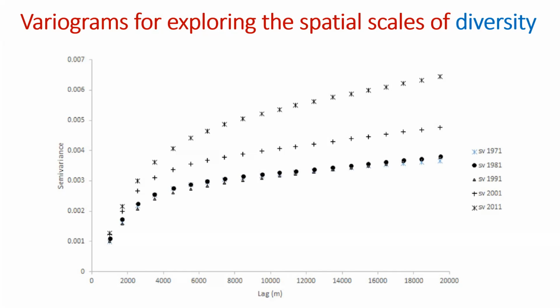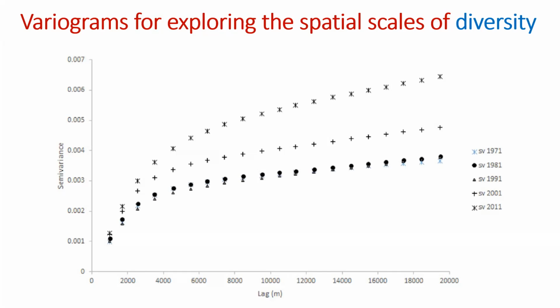So what this shows us is that the spatial scale of diversity was relatively consistent between 1971 and 1991, but it had increased between 1991 and 2001, with the largest increase, as you can see quite clearly, I think, between 2001 and 2011.